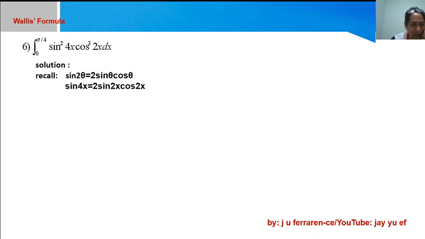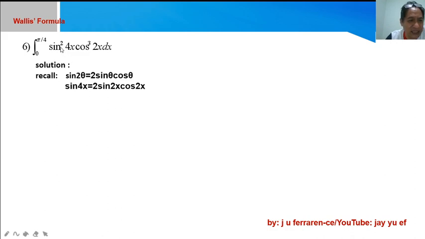If my angle is 2x, then I can double 2x as 4x. So the sine of 4x is equal to 2 sine of 2x cosine of 2x. So I can replace the sine of 4x with this expression. Okay, so this is from a double angle identity.